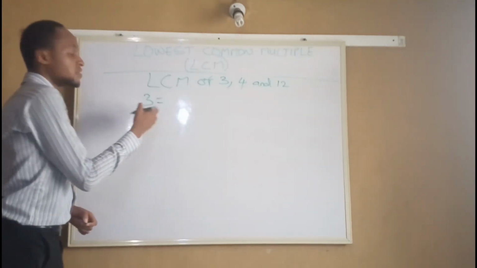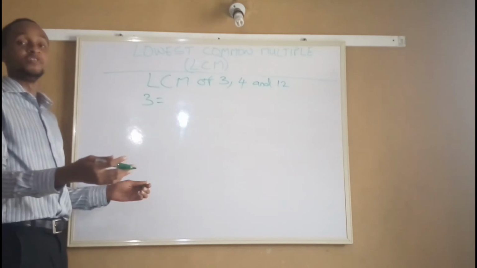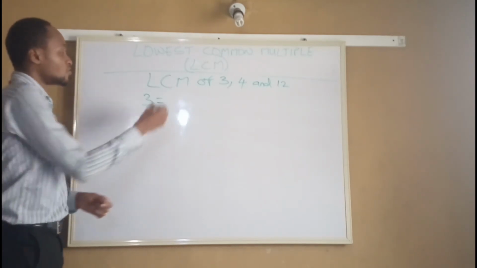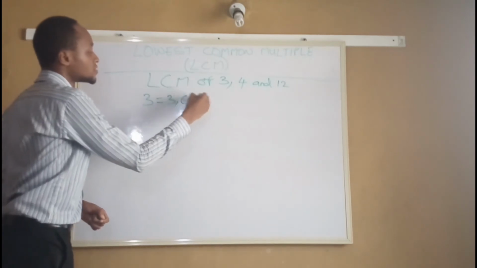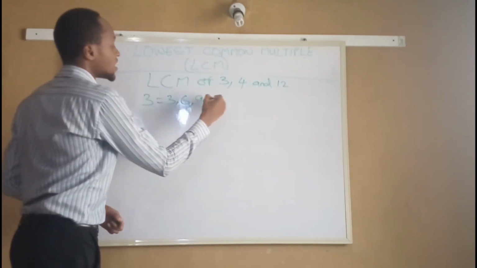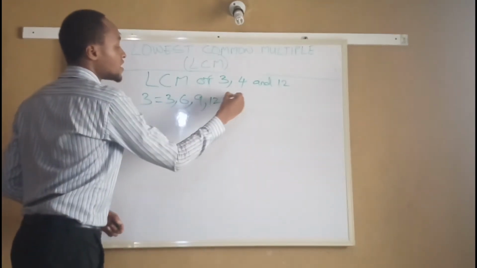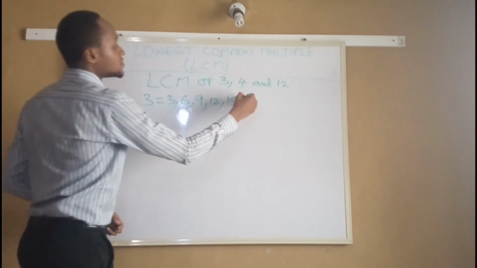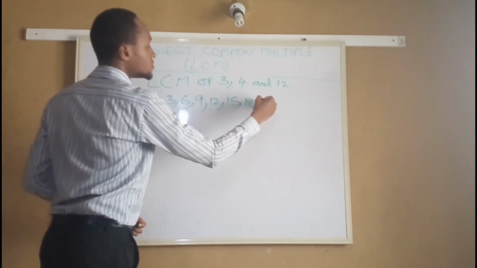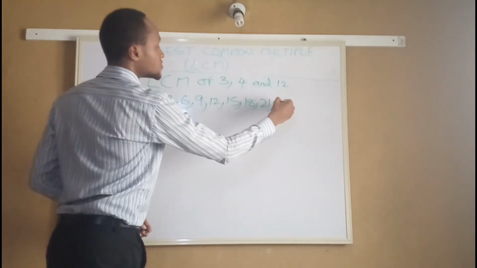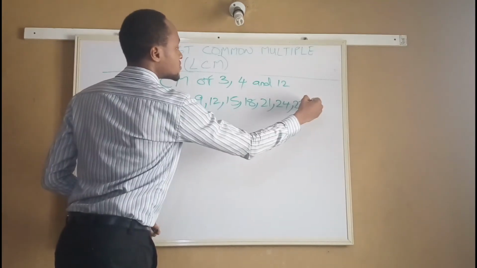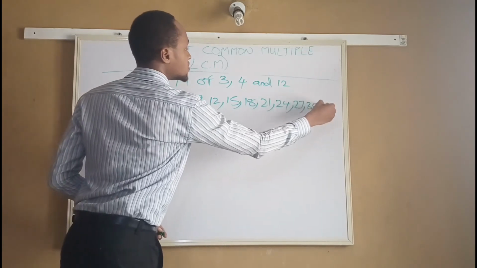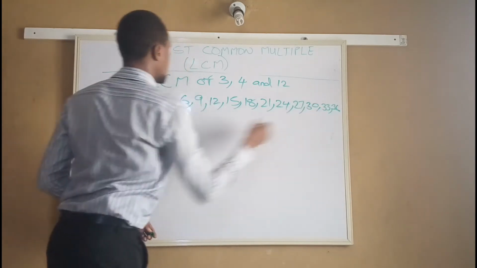List out the multiples of 3, starting from 1. You have 3 times 1, 3. 3 times 2, 6. 9. 3 times 4, 12. 3 times 5, 15. 18, 21, 24, 27, 30, 33, 36.